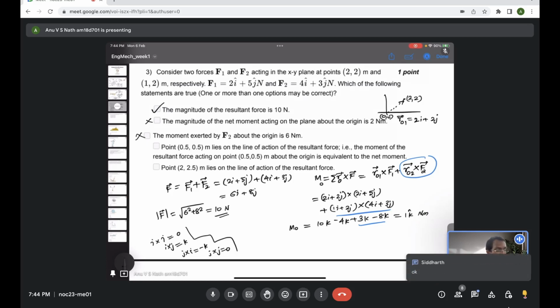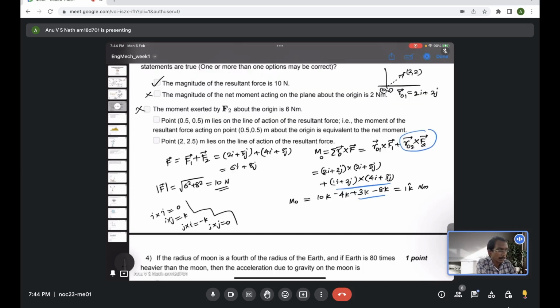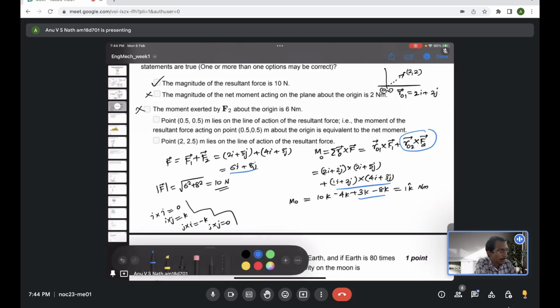The next option says the point 0.5 comma 0.5 lies on the line of action of the resultant force. That is, the moment of the resultant force acting on the point 0.5 comma 0.5 about the origin is equivalent to the net moment. So basically the net moment is 1 kilonewton meter, and the resultant force is 6i plus 8j.